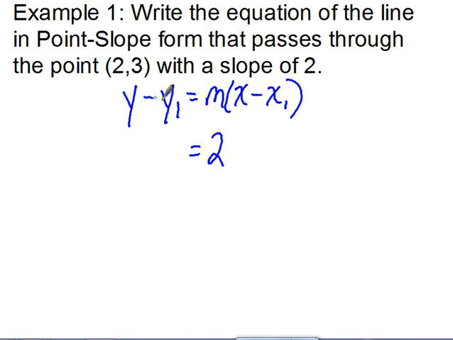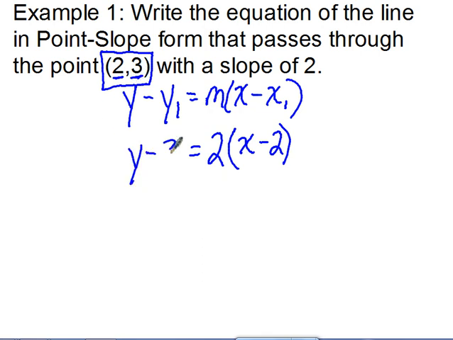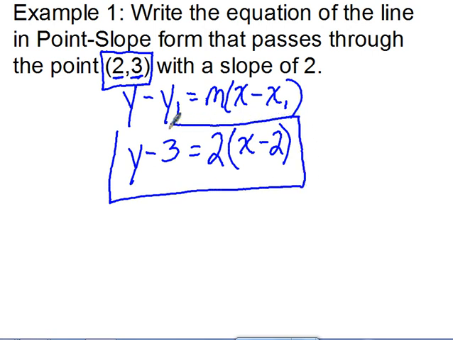And x sub 1, y sub 1 are the coordinates of a point on the line. The only point on this line that we know is (2, 3). The x coordinate here is 2, so we have x minus 2, and y minus the y coordinate 3. And very quickly, we have the equation of the line that passes through the point (2, 3) that has a slope of 2. Very simple.